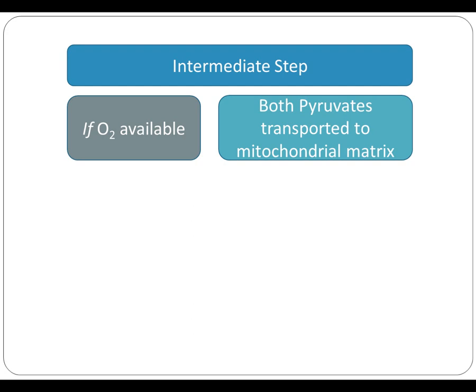If it's not, something else completely different happens. So pyruvic acid is produced and everything is hunky-dory inside of the cell. Oxygen's available. The pyruvic acid is actually transported across the outer and the inner membrane of the mitochondria and localized in the matrix of the mitochondria, where they will each be further processed.